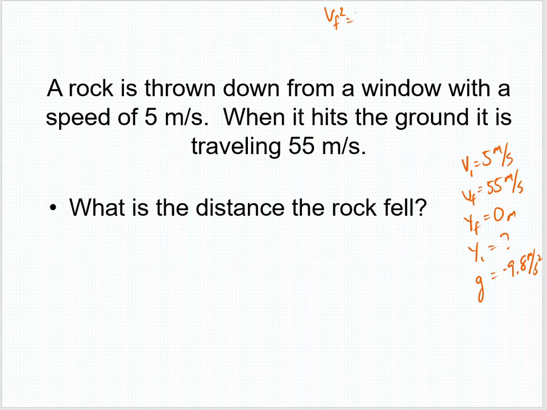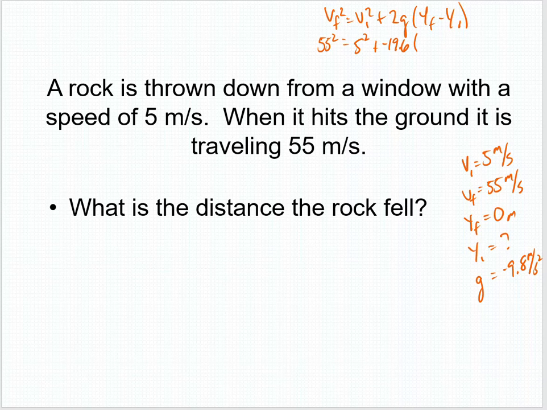Vf squared equals Vi squared plus 2g times Yf minus Yi. 55 squared equals 5 squared plus negative, and I know that 2 times 9.8 is 19.6, so you're going to see me quite often just go ahead and put negative 19.6 there.